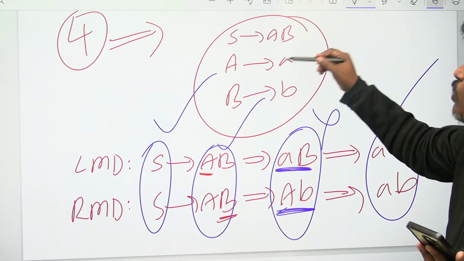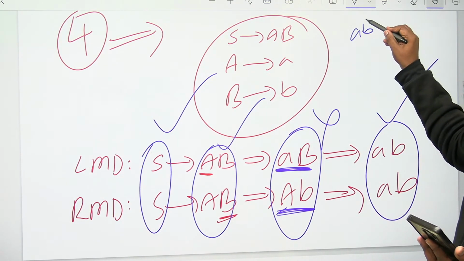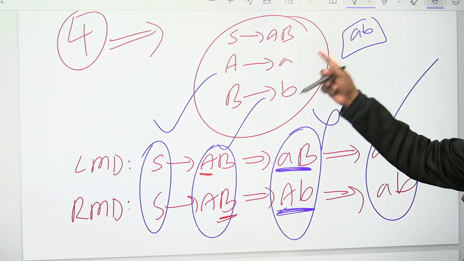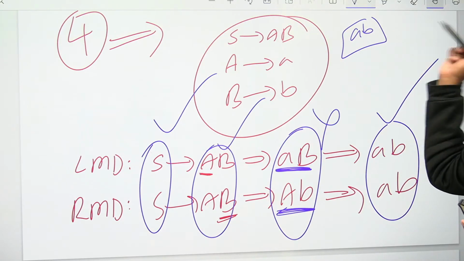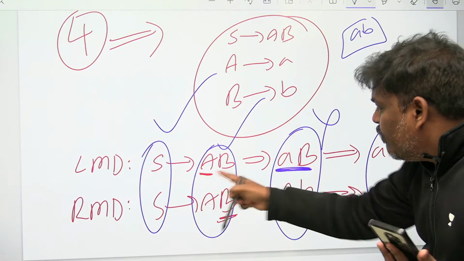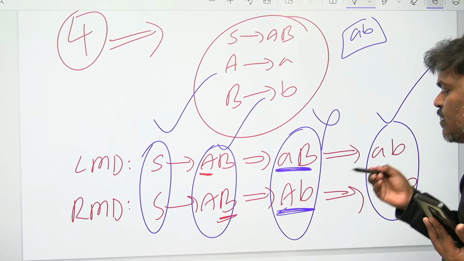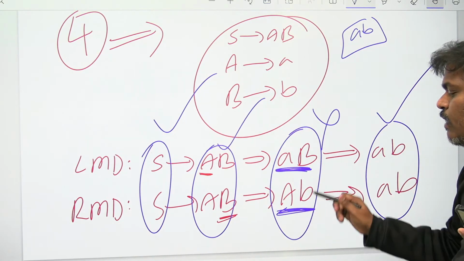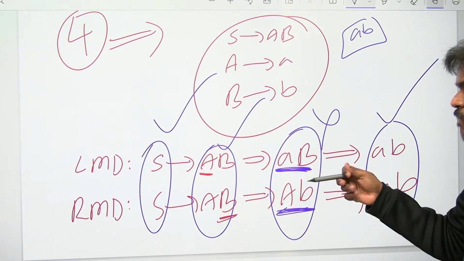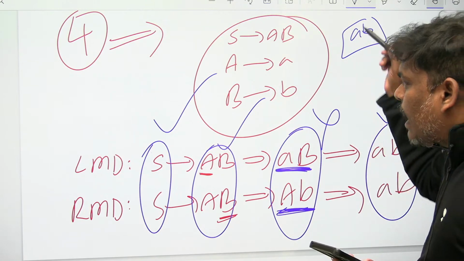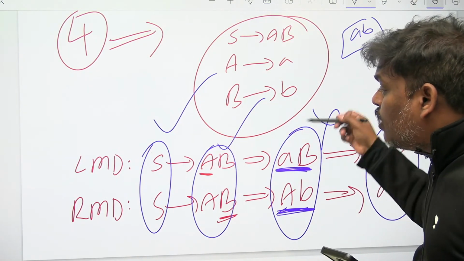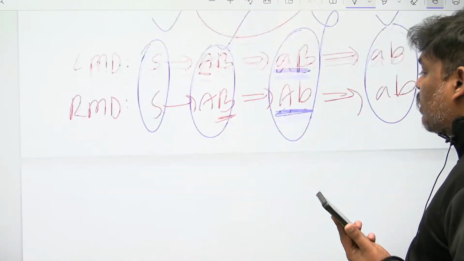This grammar is unambiguous because only one string, and only one tree, is possible. But unambiguous does not mean the leftmost and rightmost derivations are the same. They differ somewhere: a B versus A b. Derivations need not be the same, but the derivation trees are the same.